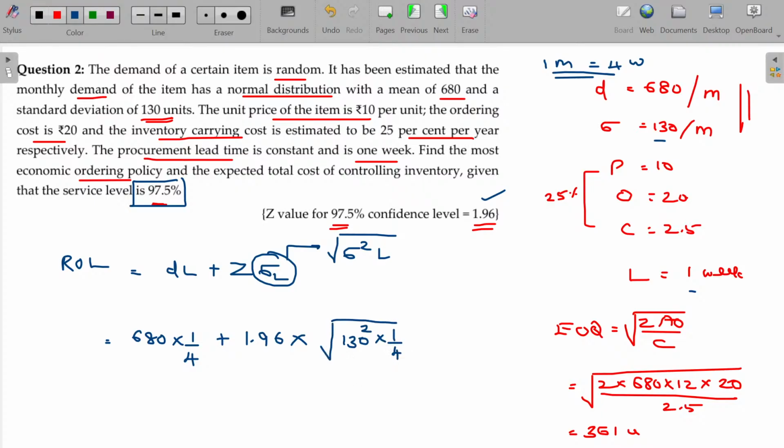Take the root of this. And 680 into 1/4, 680 into 1/4. Come on. 340, 160, am I right? 170. 170 plus 1.96. Come on, get me this value first of all. 65. Now find out the final value.